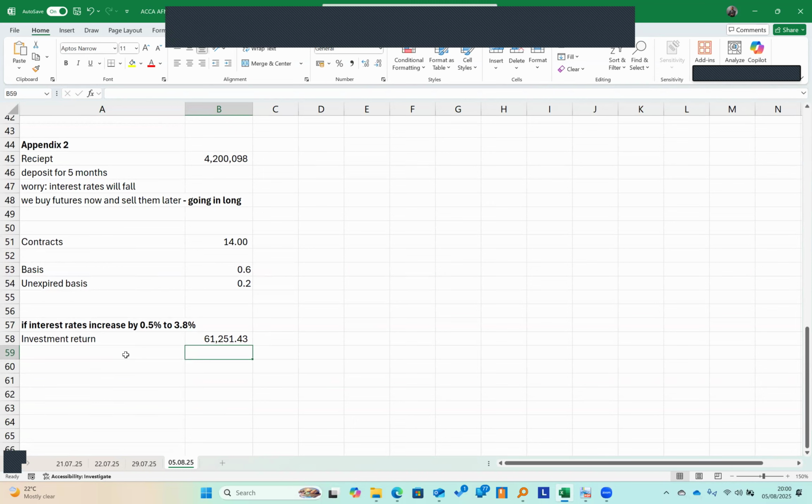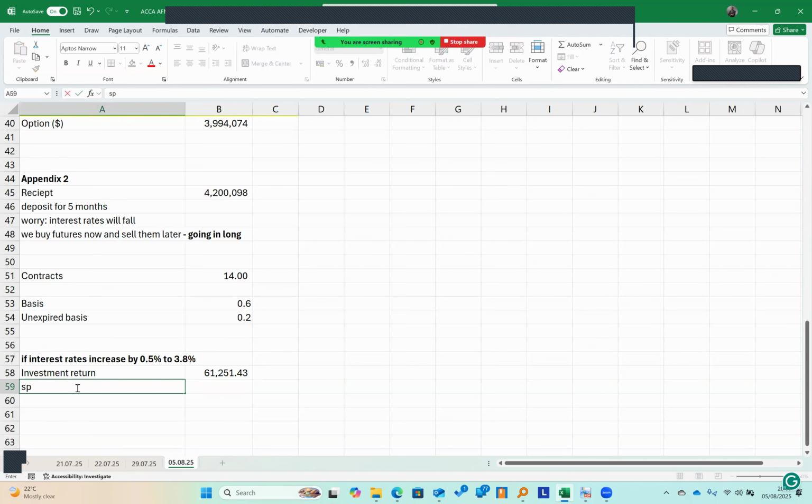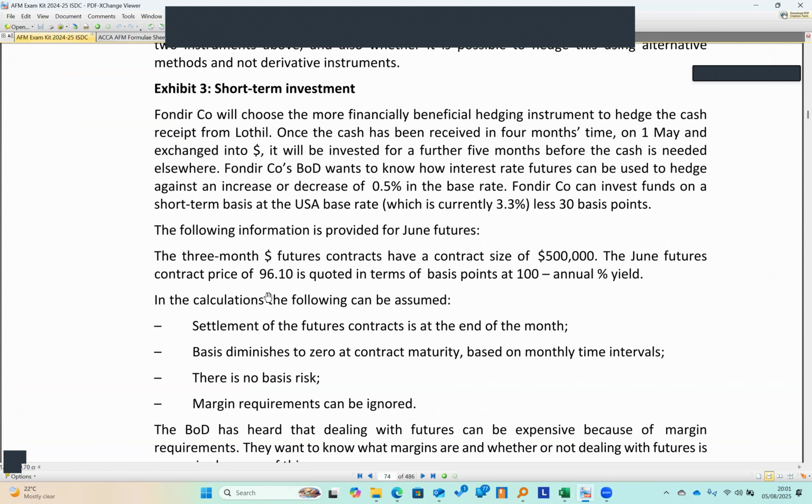Now, because the amount now is at 3.8, now what is going to be is that, remember what is our spot or the futures price or the expected future. So that one, remember, since we already have the unexpired basis, we can calculate it. So remember that we were told that at the moment it is at 96.1.